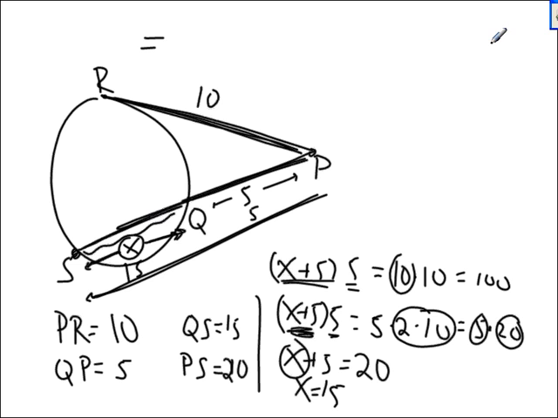And you can check, so the whole thing is 20. The long times the outside short, 20 times 5 is 100, and tangent is 10 by 10, which is 100. They are, in fact, equal.